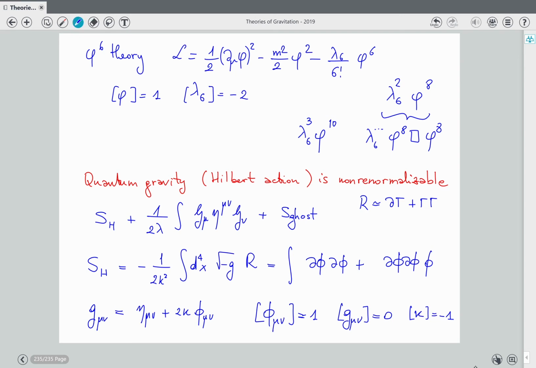There is a kappa for every phi. So if there are 3 phi's, there are 3 kappas. Divide by kappa squared, so there is 1. And then you can continue. Each of all other terms will have 1 more kappa and 1 more phi. Same number of derivatives.